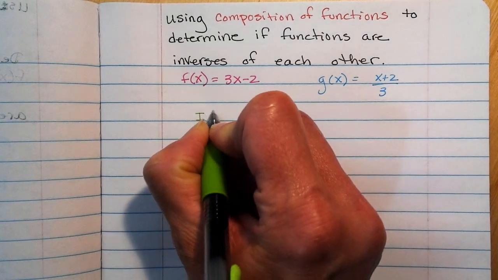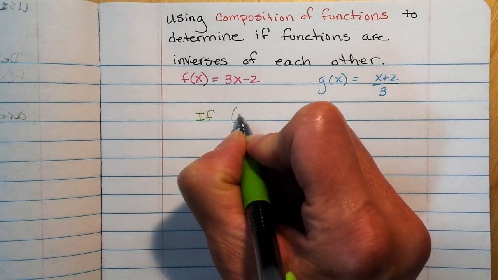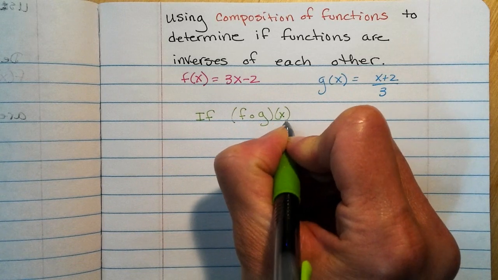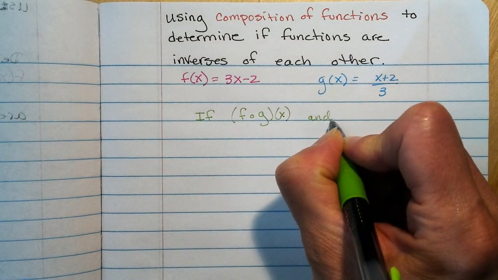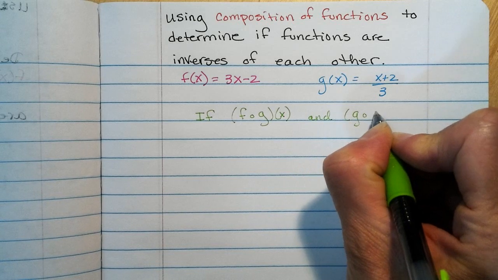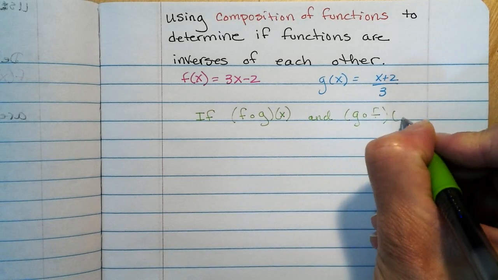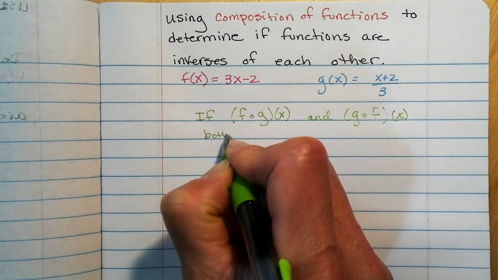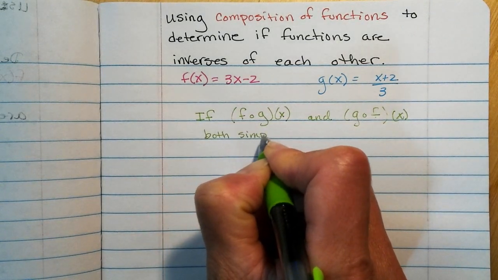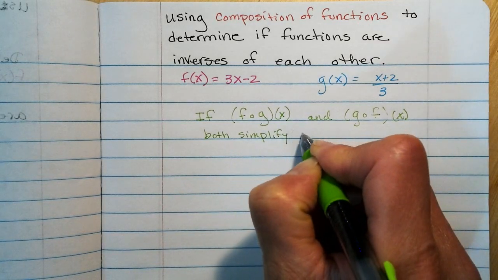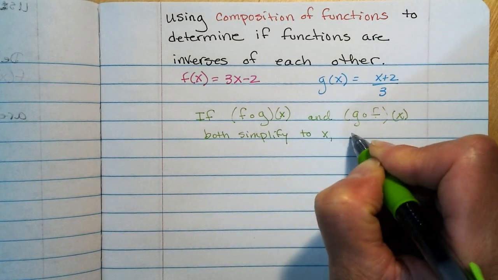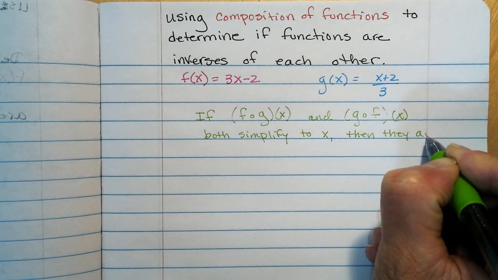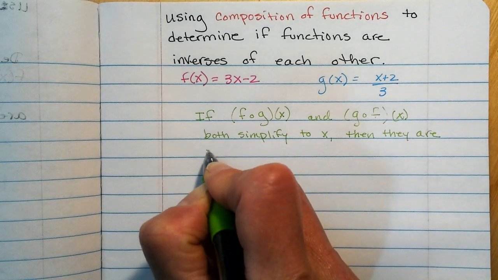If f of g of x and g of f of x both simplify to x, then they are inverses of each other.